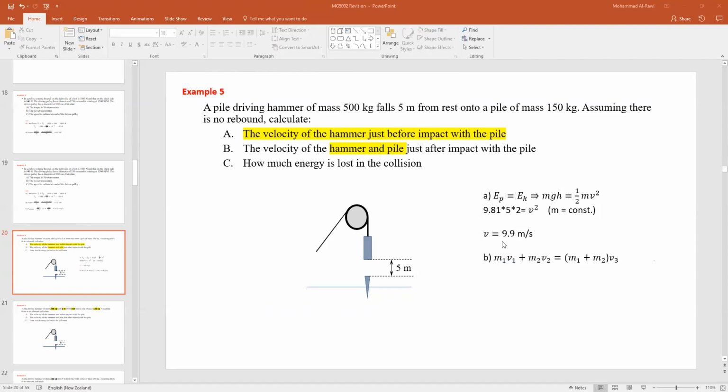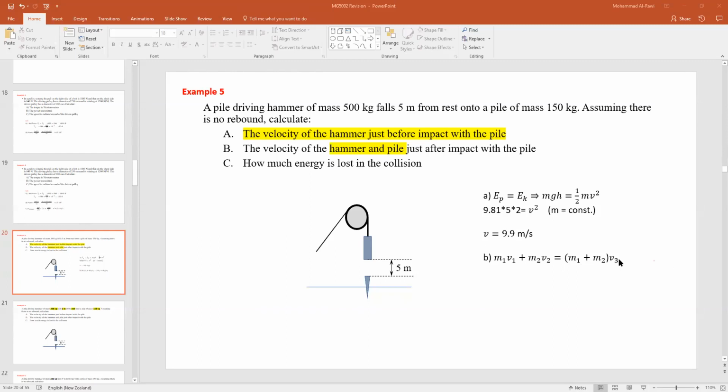So what's the total momentum we have? M1 V1 represents the mass of the hammer, which is 500 kgs, times the velocity of the hammer we just found, 9.9 meters per second, plus what do you have? The pile, which at the beginning has no velocity, but there is a mass.